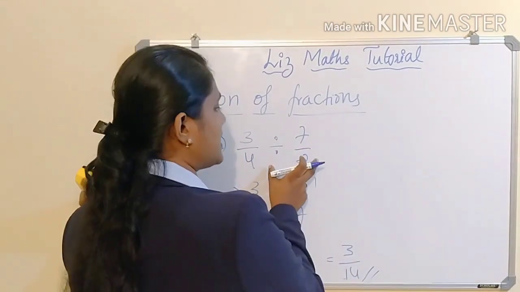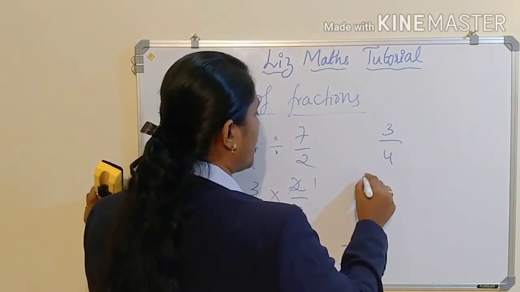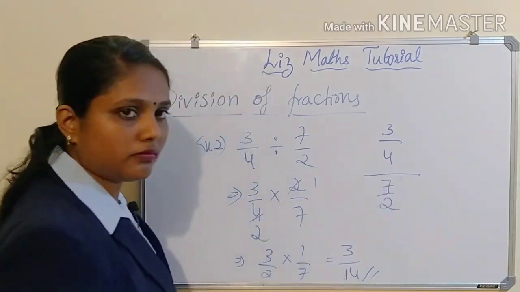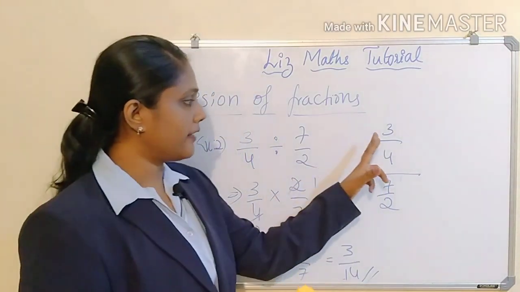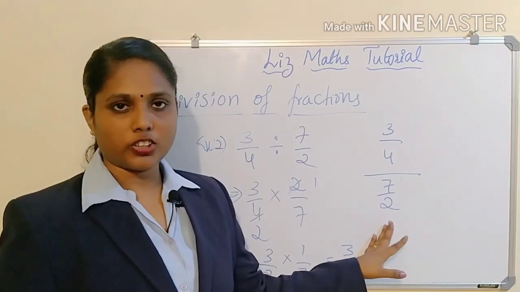So when you have this number, see what you are doing here: 3 by 4 whole divided by 7 by 2. This is the concept, isn't it?